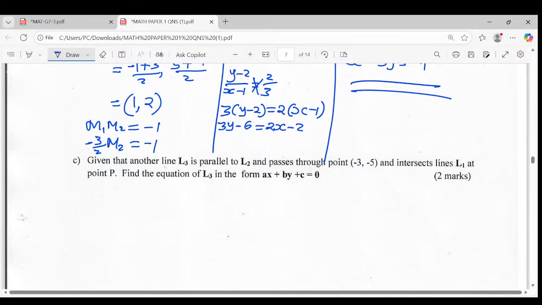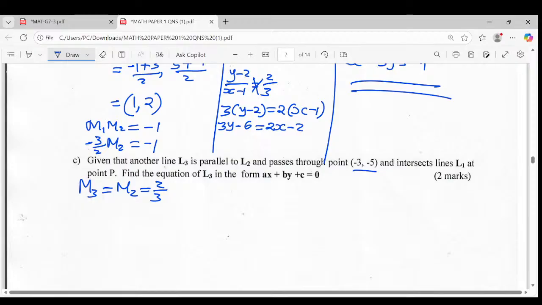They are saying that L3 is parallel to L2. That means the gradient of line 3 will be equivalent to the gradient of line 2, which is 2/3. And it is passing through the point -3, -5, so we can get its equation.